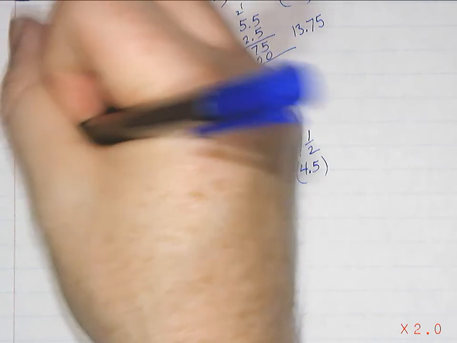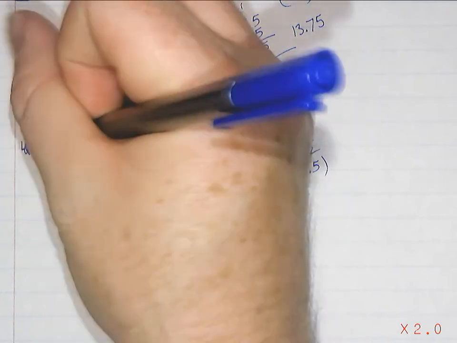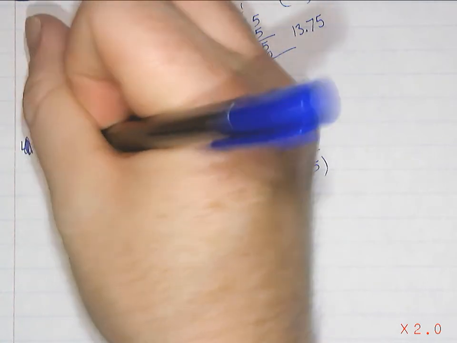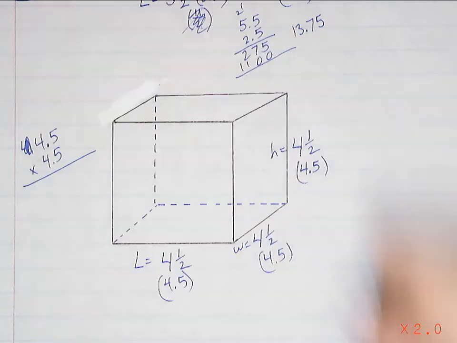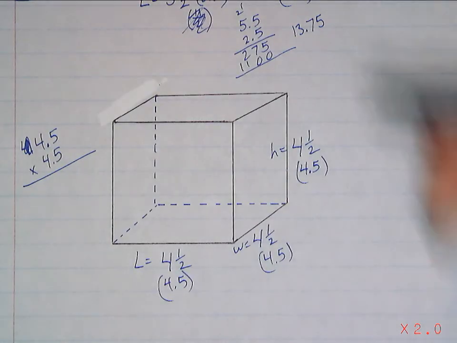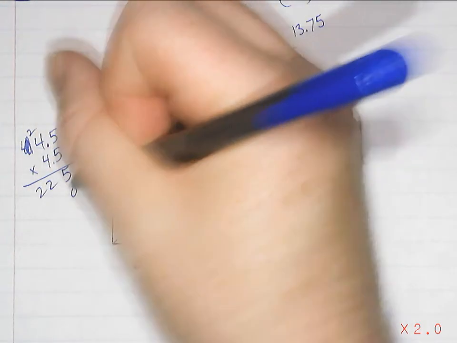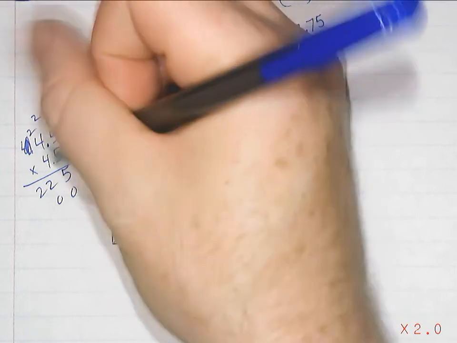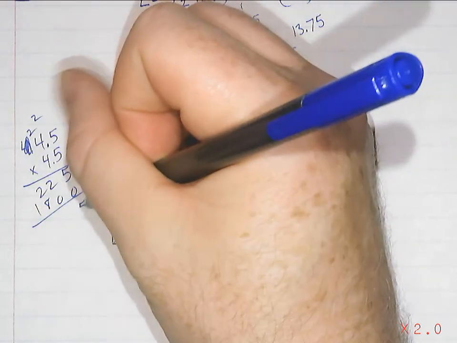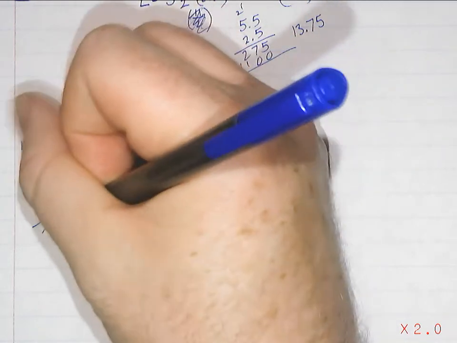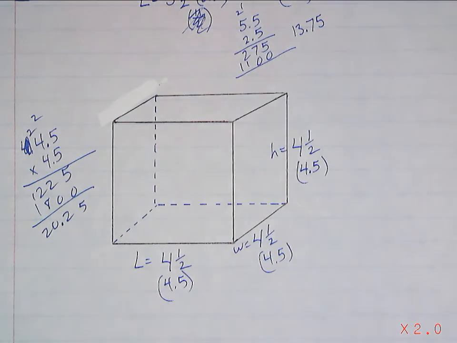So 4.5, I messed that up a little bit. So 4.5 times 4.5, or 4 5/10 times 4 5/10, equals 20.25.